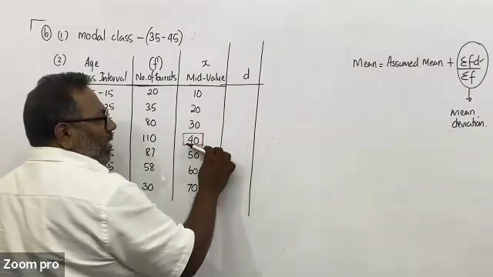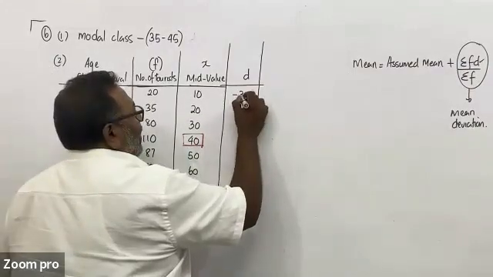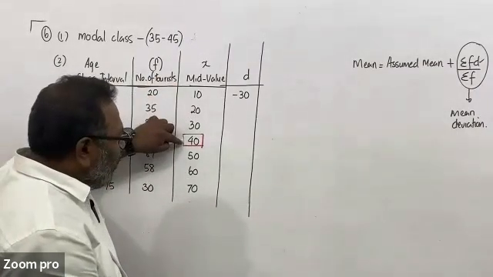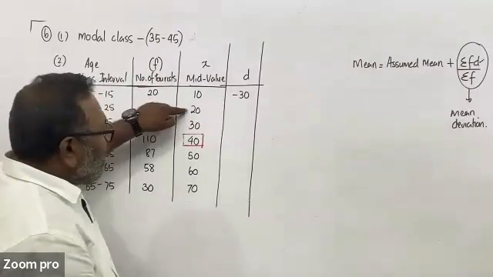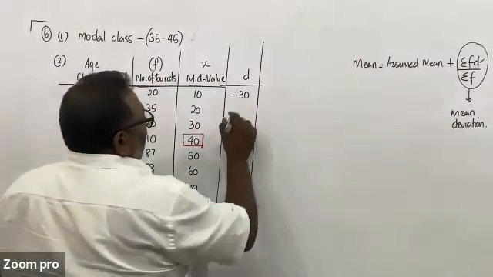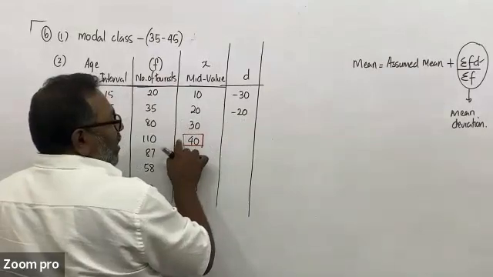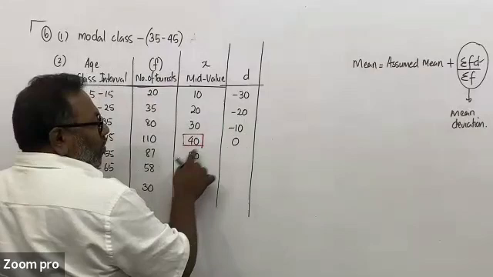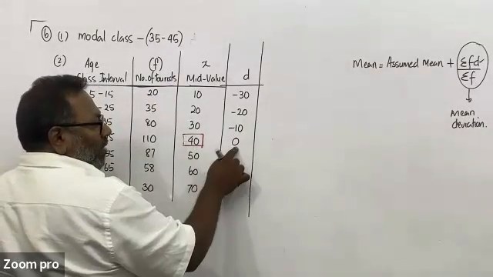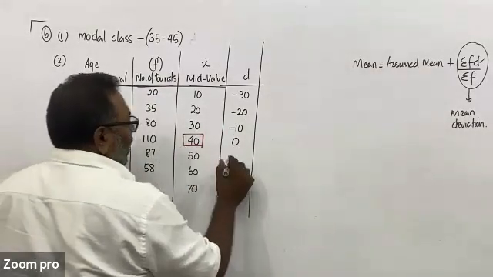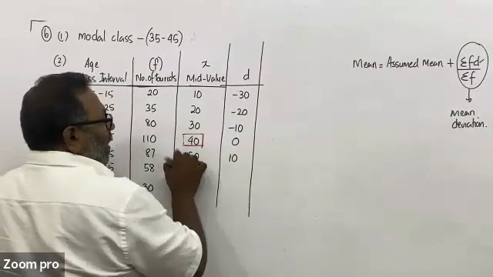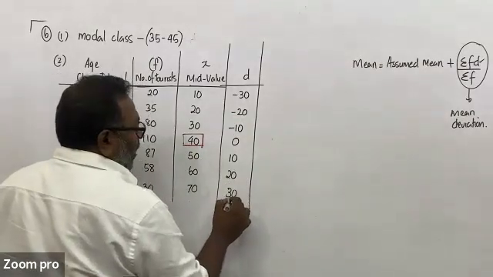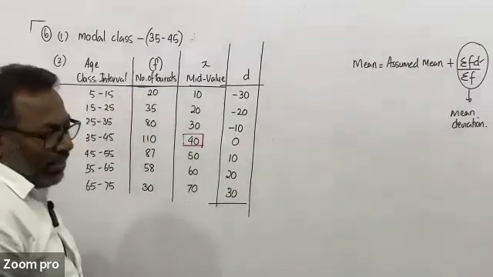So 10 minus 40, minus 30. That's how you need to do it. You get a minus figure. 10 minus 40, minus 30. 20 minus 40, minus 20. 30 minus 40, minus 10. 40 minus 40, 0. 50 minus 40, plus 10. 60 minus 40, plus 20. 70 minus 40, plus 30.